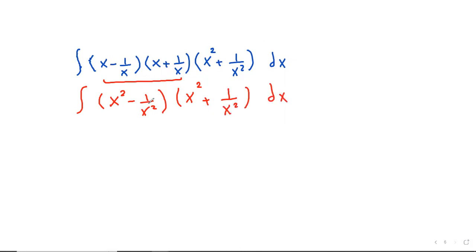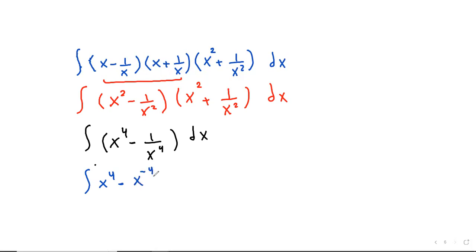As you see here, we have also difference between two squares. So it's the integration of x to the power of 4 minus 1 over x to the power of 4 with respect to x. So it's the integration of x to the power of 4 minus, and here 1 over x to the power of 4, it will be x to the power of -4 with respect to x.